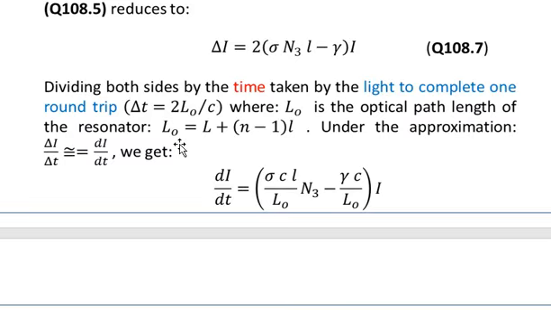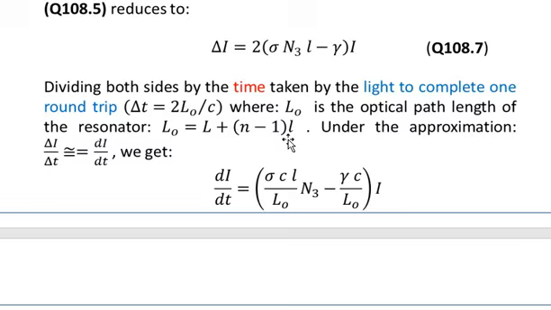L naught can be split into two parts: capital L minus small l, which gives the part of the resonator outside the active medium, and n times small l, which gives the length of the active medium within the resonator. So L naught is equal to capital L plus n minus 1 times small l.